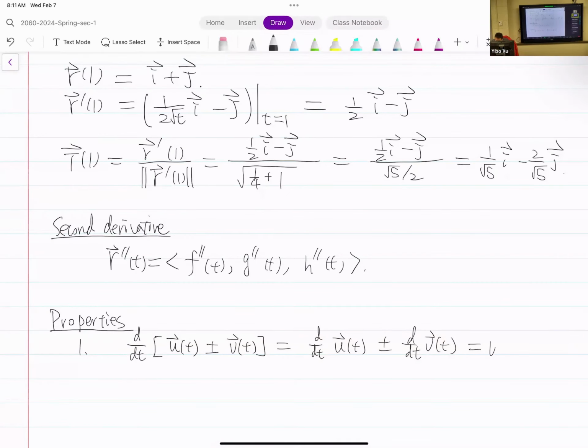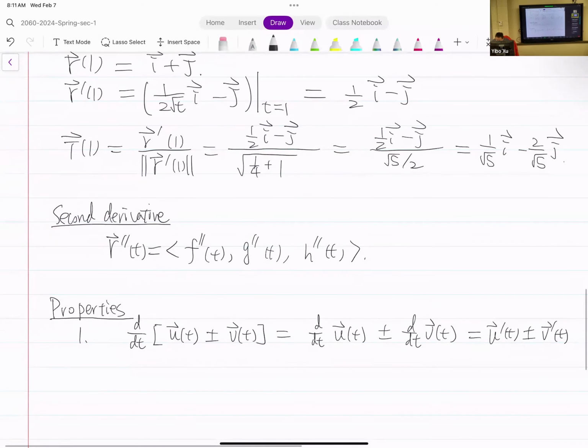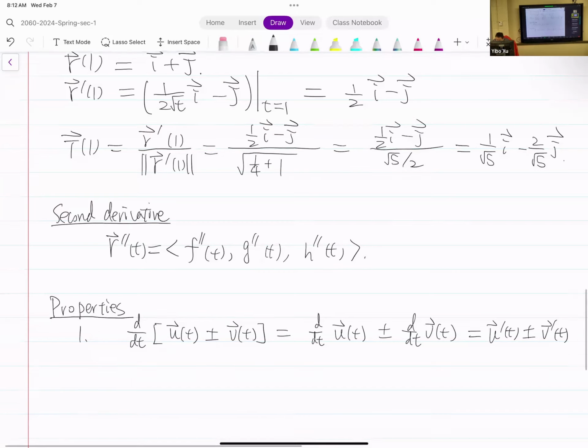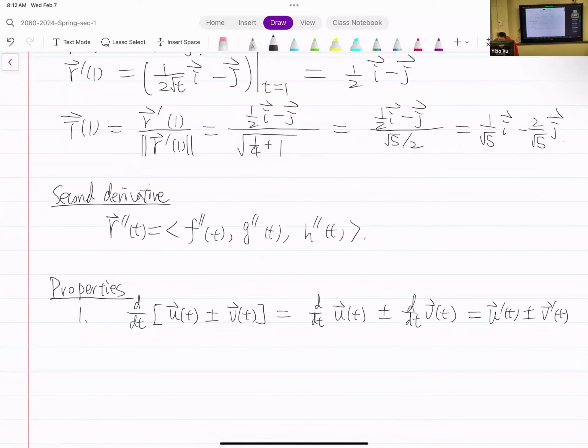If we want to write the easier notation, this is just u prime of t plus or minus v prime of t. So if it's a sum, you have the derivatives summing, and if it's the derivative of a difference, it's going to be the difference between the derivatives, respectively.